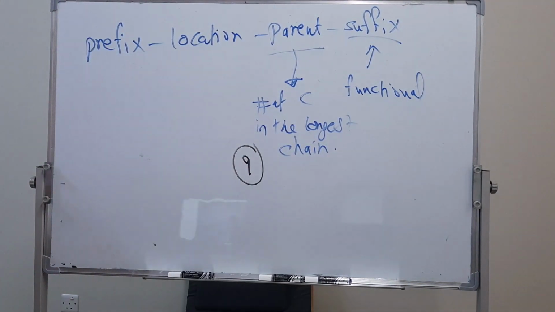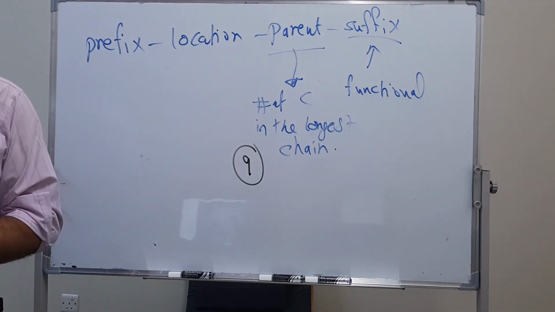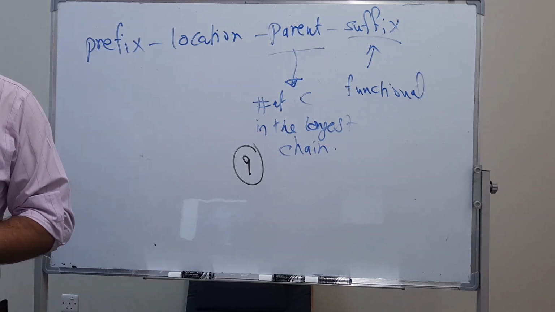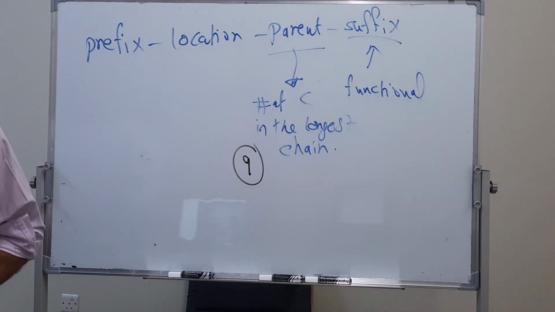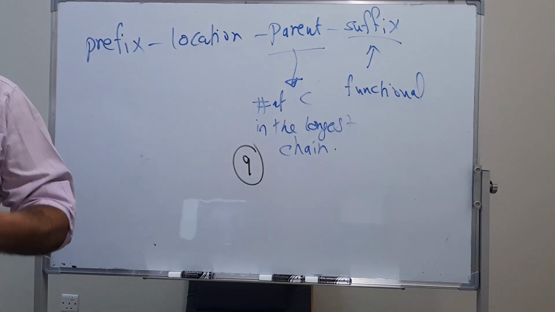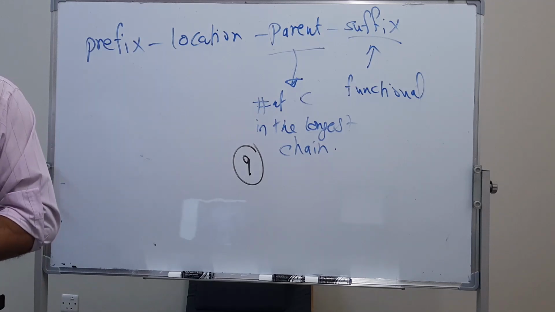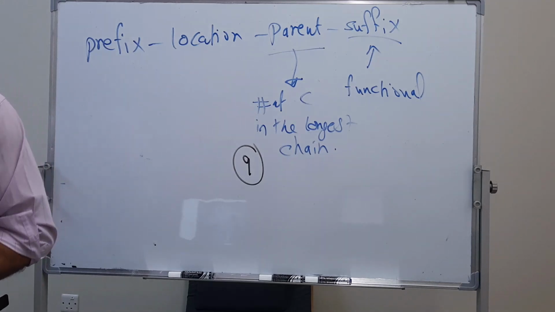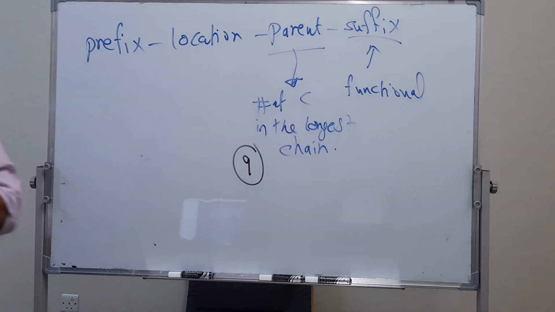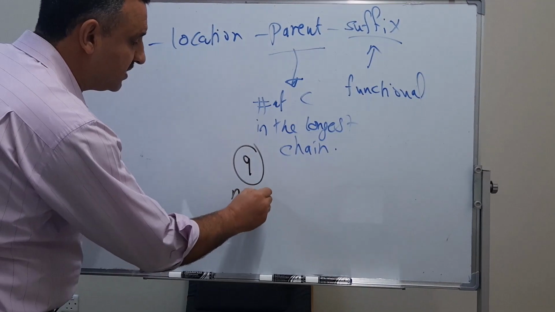So what should be the parent then? What do you think? Any trial? Anyone would like to answer? Right, but what's the name? What's the name of 9 carbons? Exactly, nonane. So nonane is the parent here.